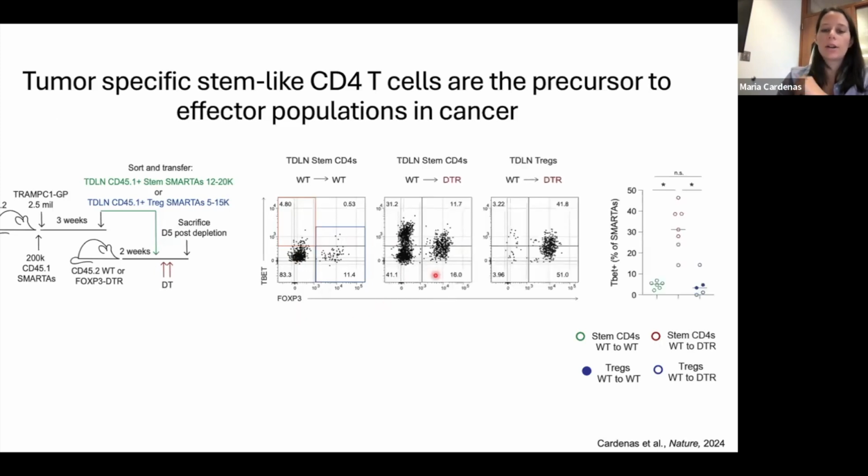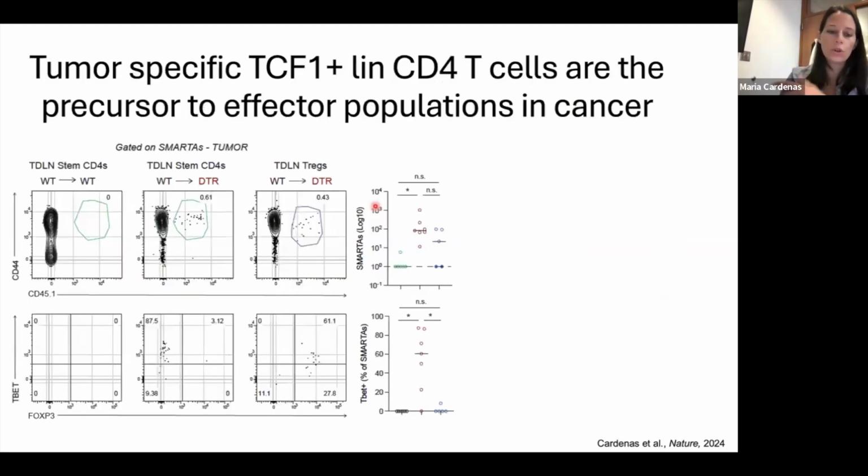When we look at a mouse that got Treg depleted from this endogenous population, we can tell that these SMARTAs underwent Th1 differentiation, whereas the Tregs that got transferred maintained their phenotype. Really saying that this TCF1 stem-like CD4 is in fact the precursor to the Th1 population that's coming along.